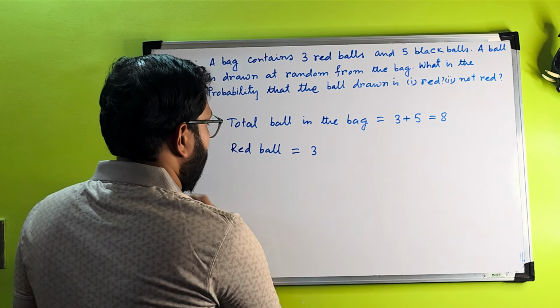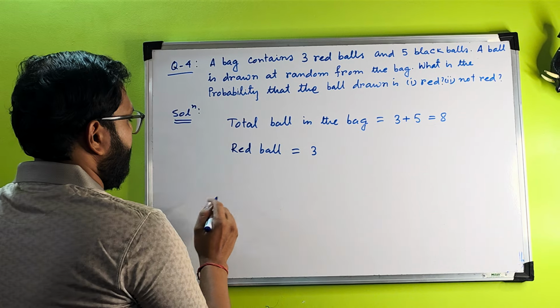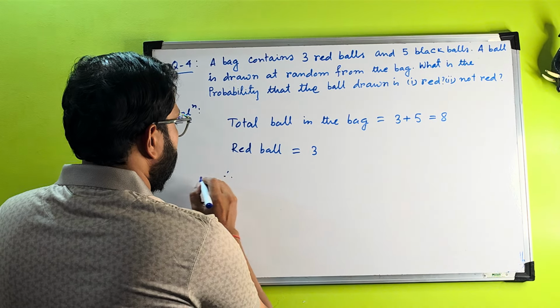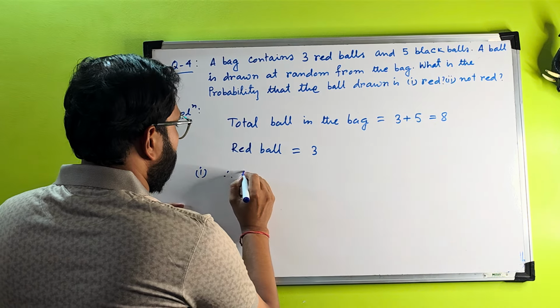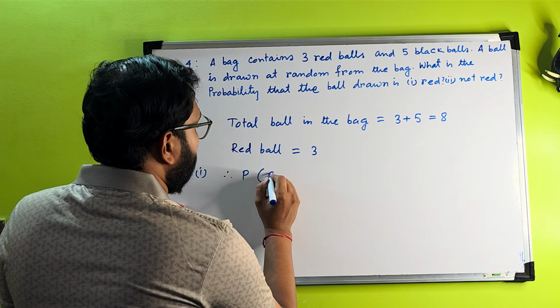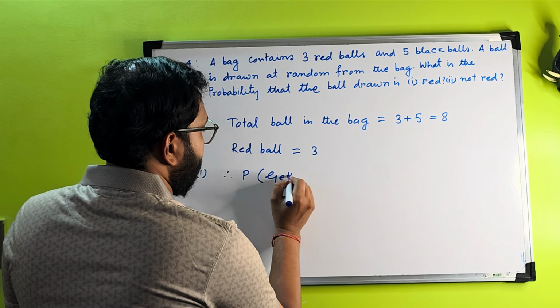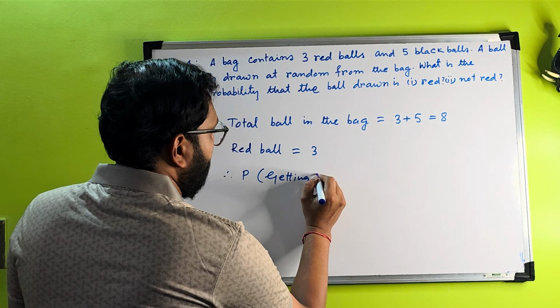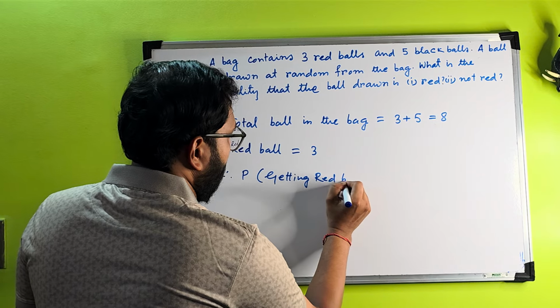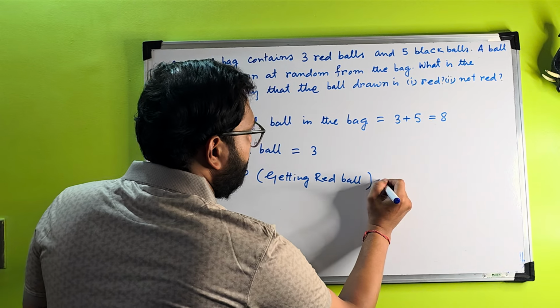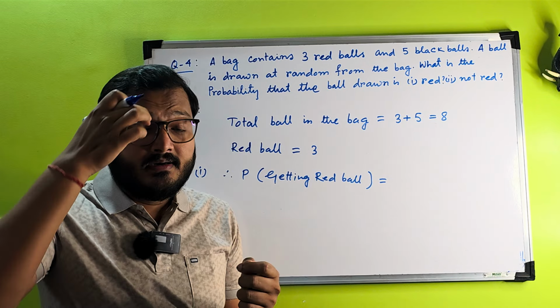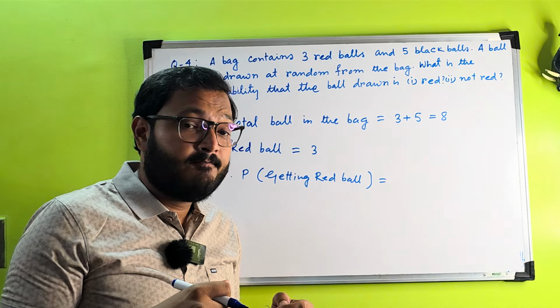So, question number 1, probability of getting a red ball equals, what is the classical definition of probability?